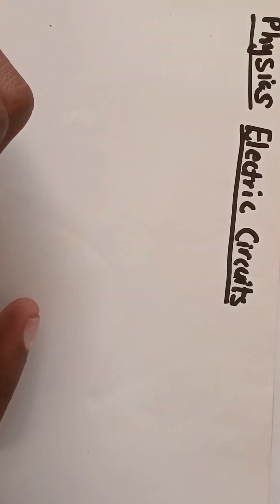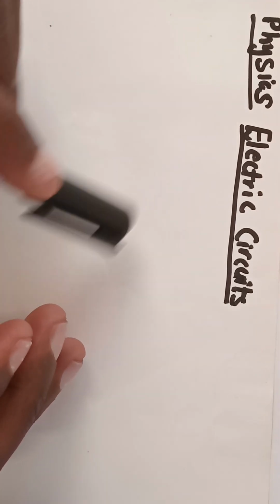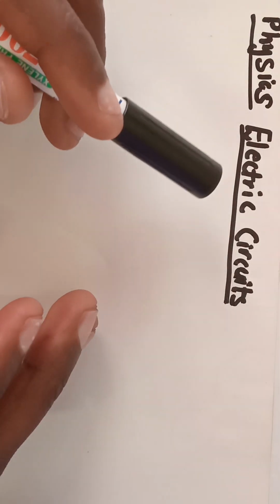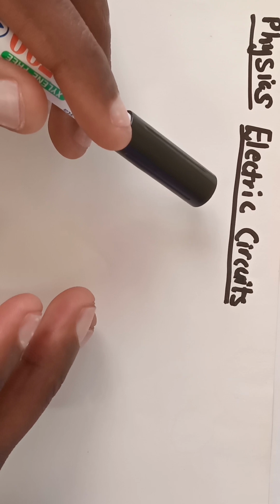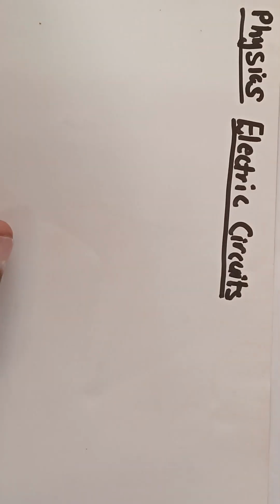Once you master the basic part we discuss today, Ohm's law, it will be better for you going forward. You're gonna succeed in this topic. I highly guarantee you guys. So let's get into it.